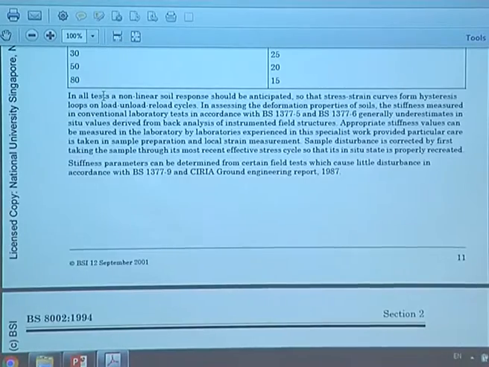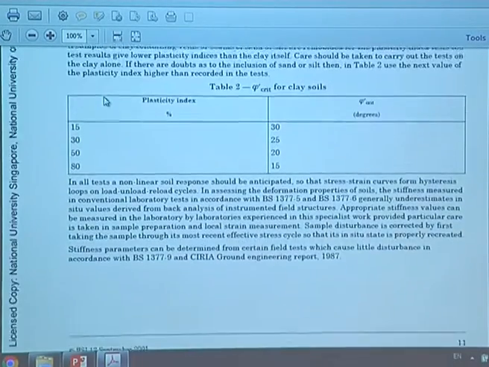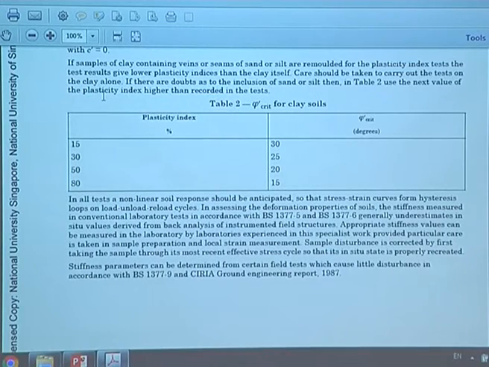And then they talk about plasticity index and the critical state angle of friction for various soils with various plasticity index. Now, I actually checked this out for Singapore marine clay. The value that came out was about 2 degrees lower than our measured angle of friction. So it is on the conservative side, no doubt. So these are some of the angles of friction that they can give you.